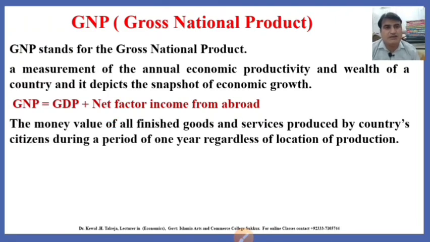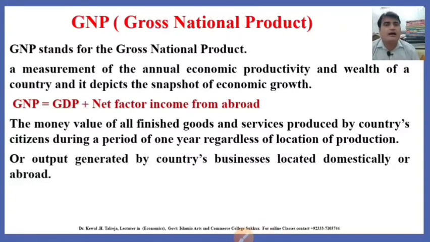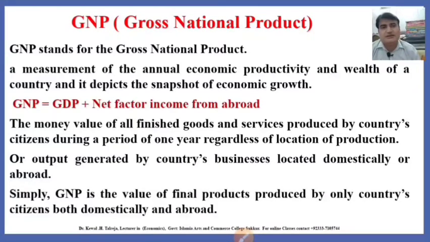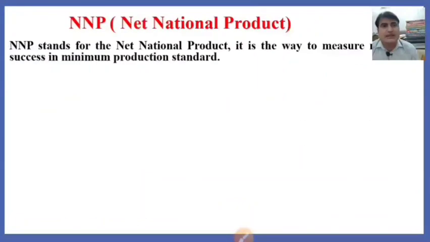It means the GNP is the money value of all finished goods and services produced by a country's citizens during a period of 1 year, regardless of the location of production. Or simply, GNP is the value of final products produced by only the country's citizens, both domestically and abroad.